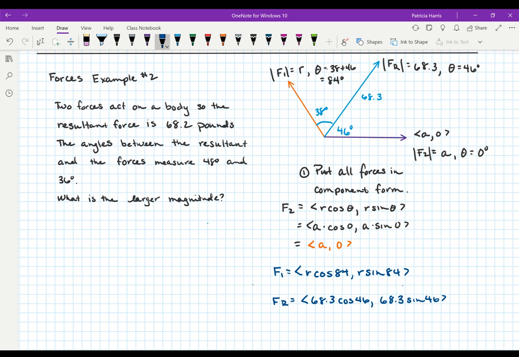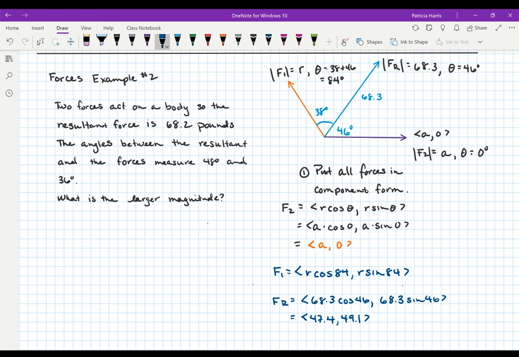So let's go ahead and calculate that out. For my horizontal value, I get 47.4. And then for my vertical, I get 49.1.